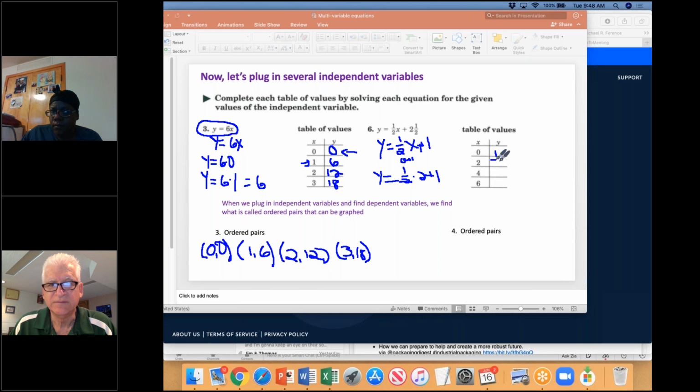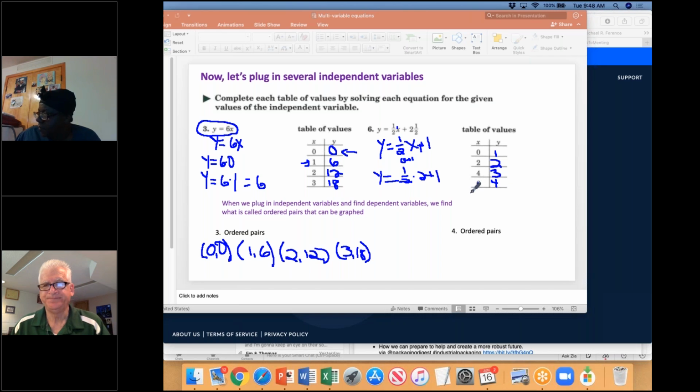And then when x equals 4, I've got 1/2 times 4, which is 2, plus 1 is 3. And then when x equals 6, I've got 1/2 times 6 is 3, plus 1 is 4.